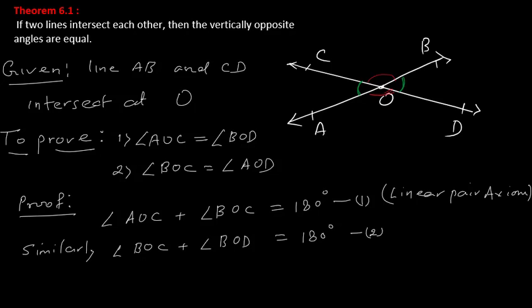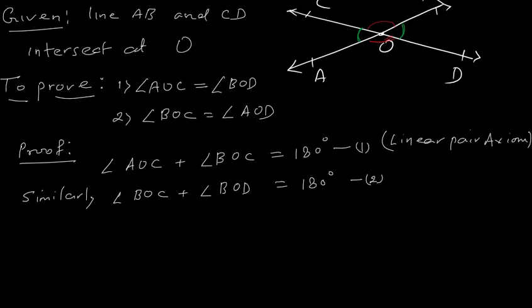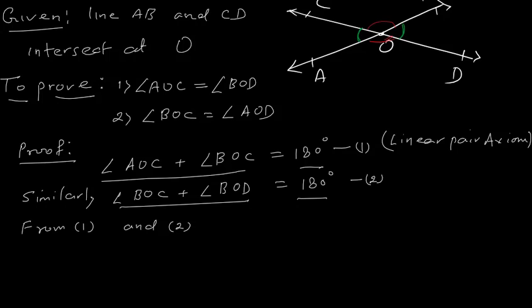Now from 1 and 2, if you compare your equation 1 and equation 2, what we can say is that this addition is equal to 180 and this addition is also equal to 180. So I will say that angle AOC plus angle BOC is equal to angle BOC plus angle BOD.